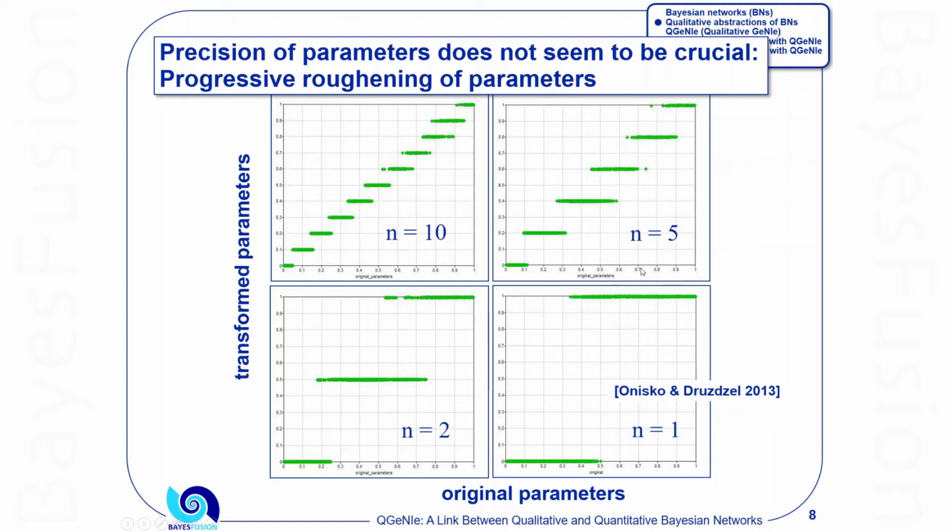X-axis are original parameters, y-axis are rounded parameters. So you see that parameters become one of a small set of possible values. As we progressively roughened the parameters to almost an absurd roughening where every parameter was 0 or 1, actually it wasn't 0 or 1, it was epsilon and 1 minus epsilon, because as you know, zeros are very, very troublesome numbers in Bayesian inference.